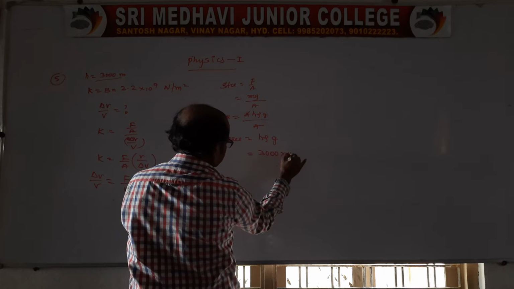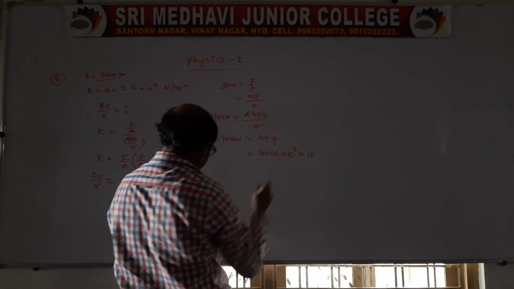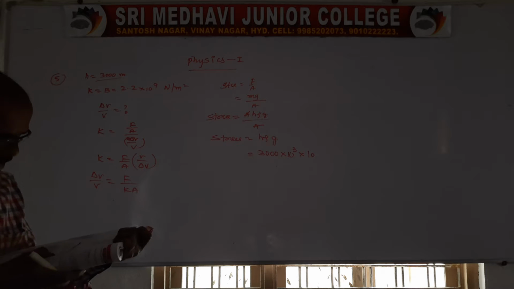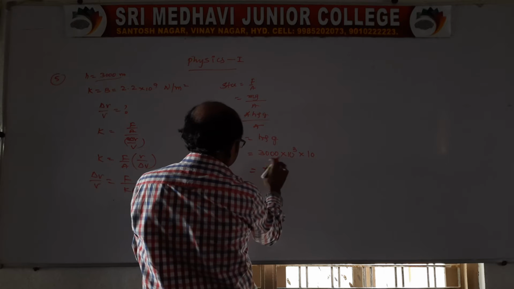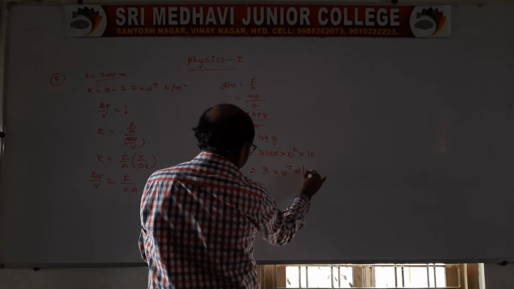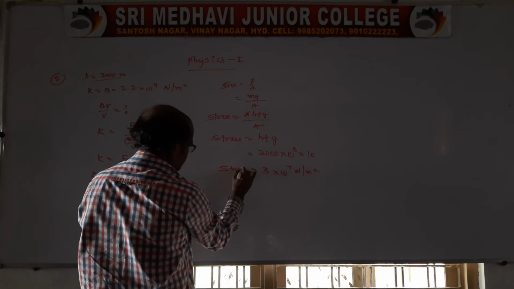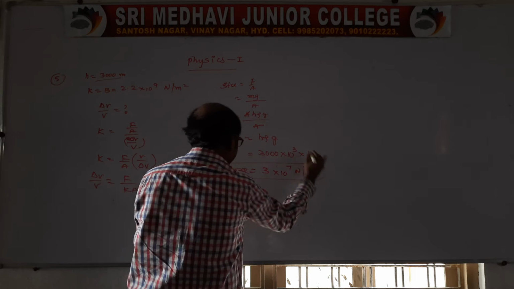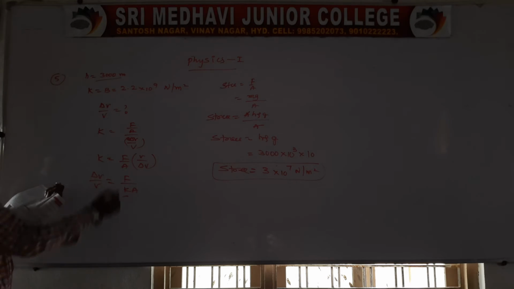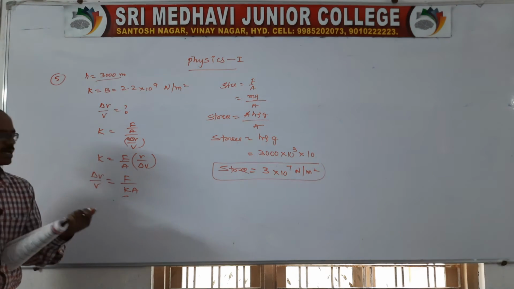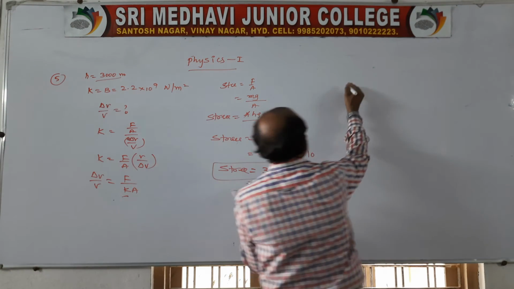Density of water we know is 10 power 3, and g value is 10. So for the stress we get 3 into 10 power 7 Newton per meter square. Stress we know, and K is given as 2.2 into 10 power 9.